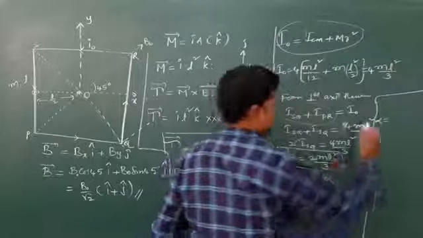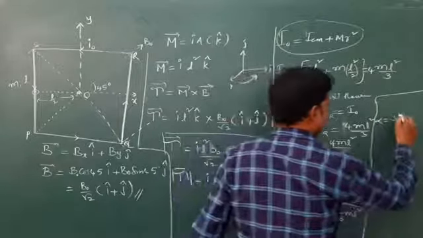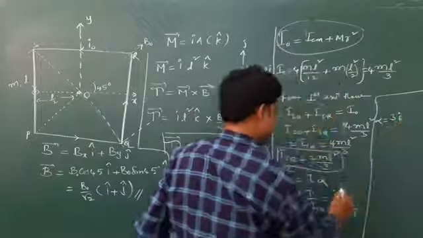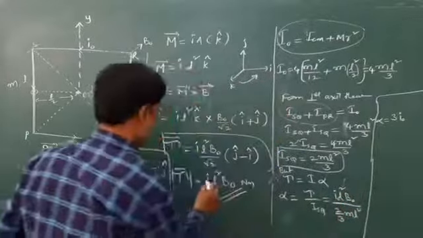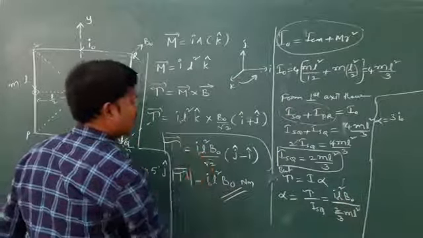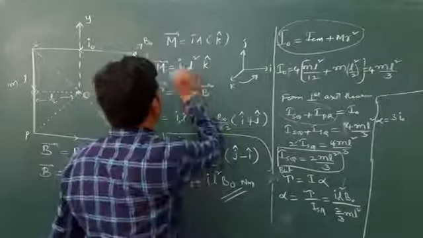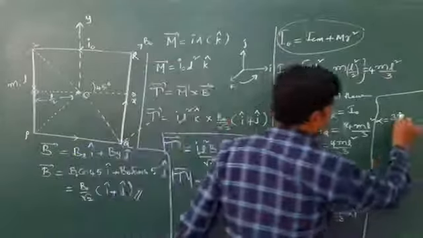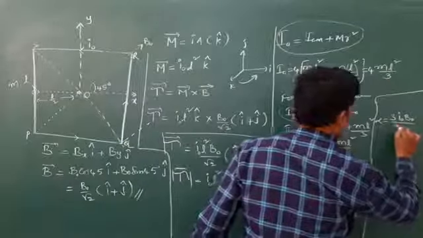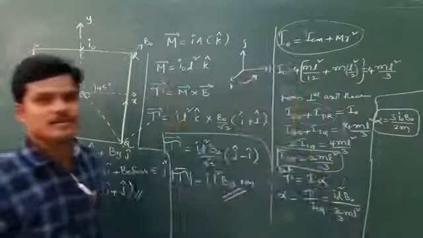Alpha is equal to 3 L square cancel, 3 I naught B naught by 2m. So this is alpha.